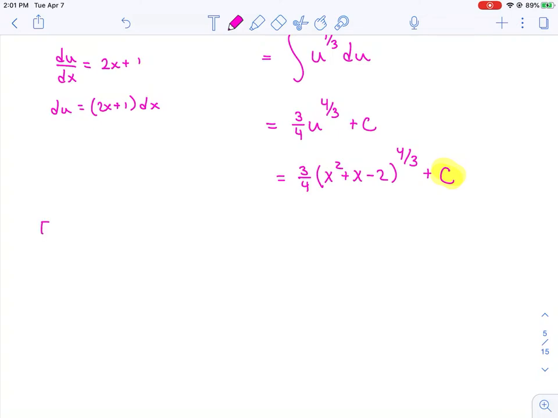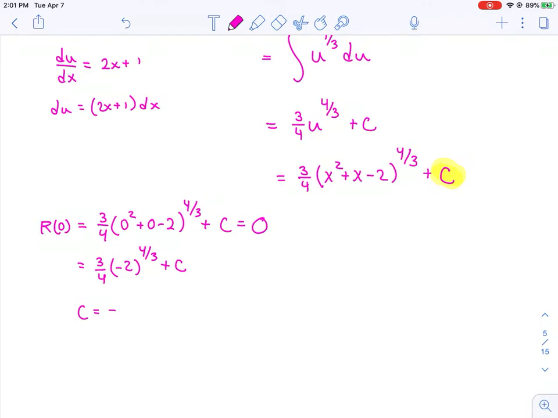And again, we know that at time 0, zero revenue was produced. So this equals 3/4 times negative 2 to the 4/3 power plus c. So c is equal to negative 3/4 times negative 2 to the 4/3 power.